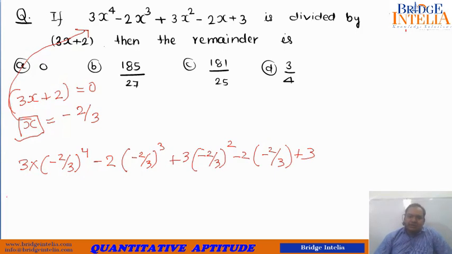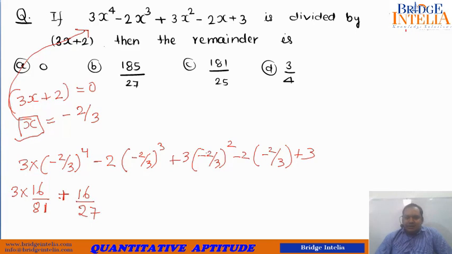So this is what? 3 into 16 by 81. So minus 2. So this is what? Minus minus plus. So this will become plus 16 by 27, because this is what? Minus 8 by 27.